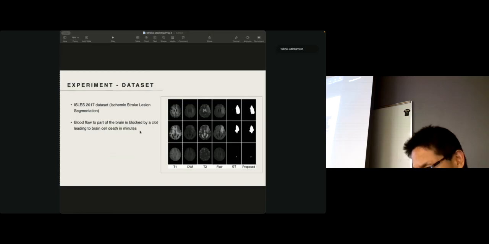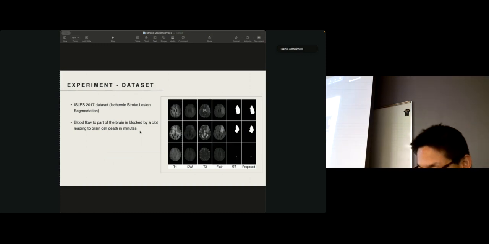Often in ischemic strokes, the blood flow to part of the brain is blocked off through a clot, which leads to brain cell death in minutes. So timing is crucial. It could also be important to identify the possibility of a stroke at an earlier stage. So segmentation with enhanced images will really help with that.